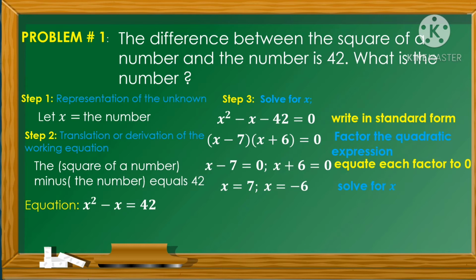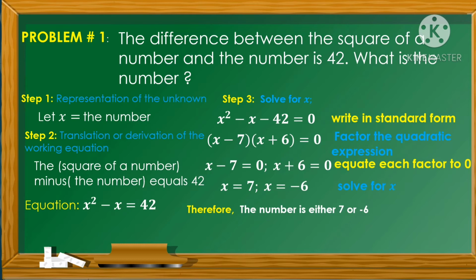So the problem asks the number. Therefore, the number is either 7 or negative 6. So isa lang. Pwede yung 7 o pwede rin yung negative 6. Parehas naman sila magsasatisfy doon sa equations.